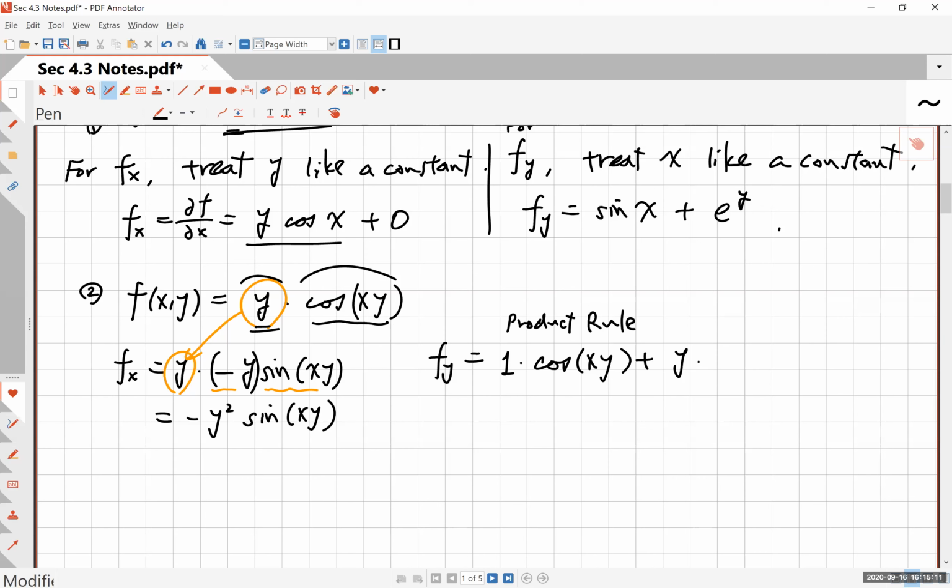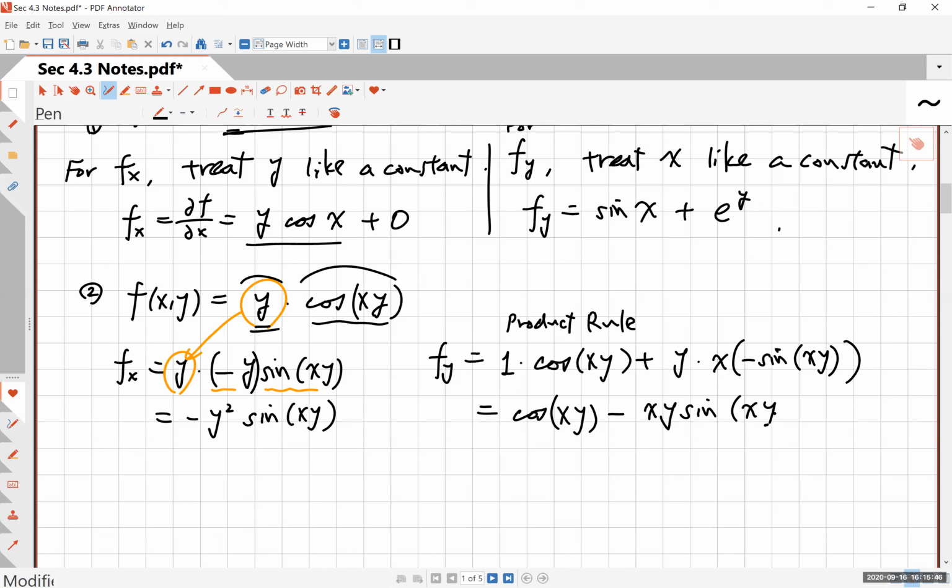Now we get to take the derivative of cosine of xy with respect to y, thinking of x as a constant. All right, so then you get negative sine of xy times the derivative of the inside function. The inside function is just like 5y becoming 5. So then the 5, or in this case, x, the coefficient comes in like that. So the answer here is cosine of xy minus xy times the sine of xy.